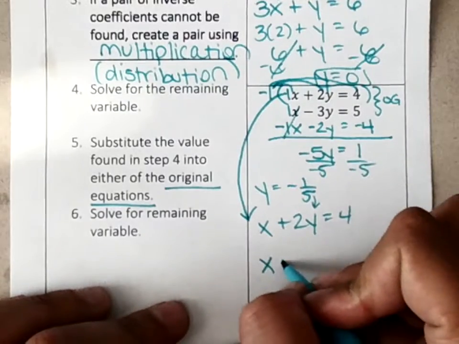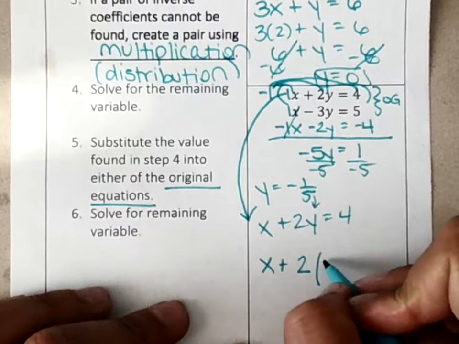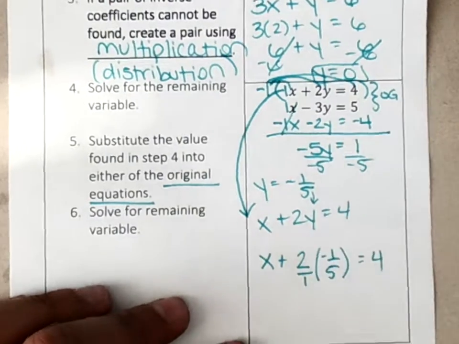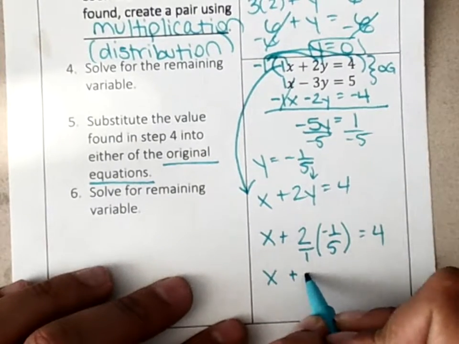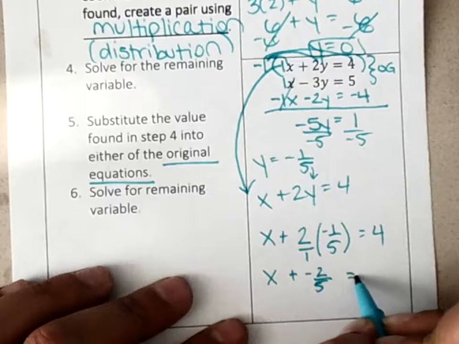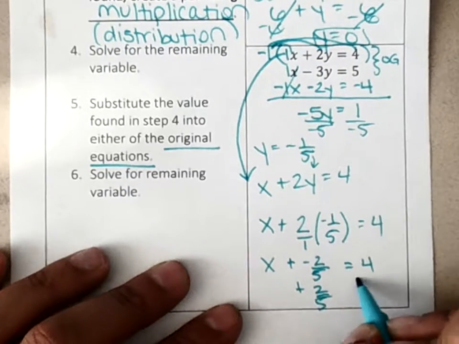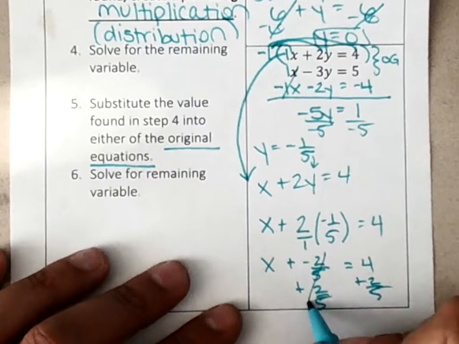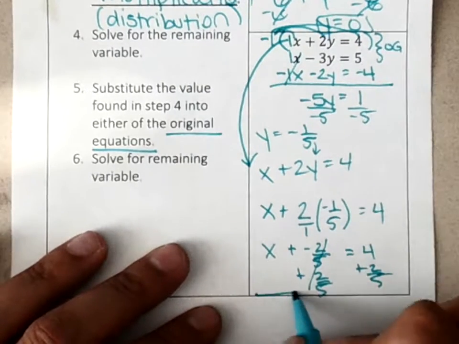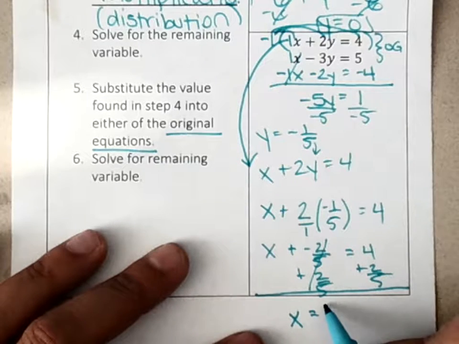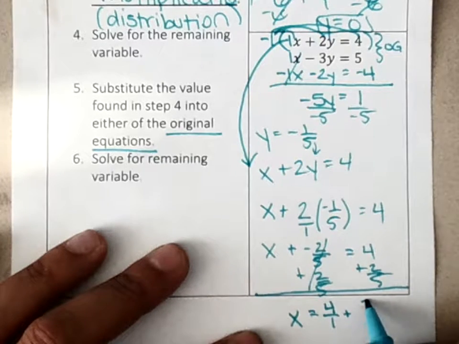We then get x plus 2 times negative 1/5. This becomes negative 2/5. I add my fraction to both sides, those cancel, and therefore x becomes 4 over 1 plus 2 over 5.